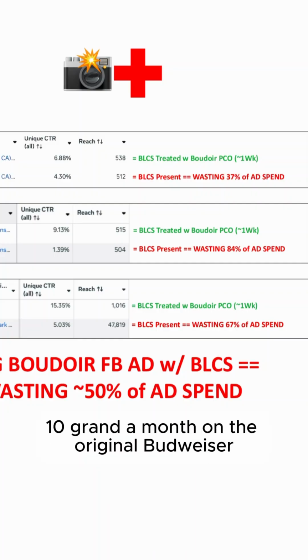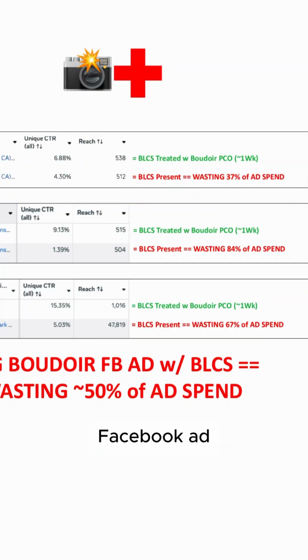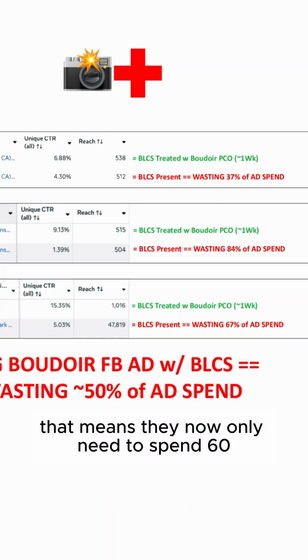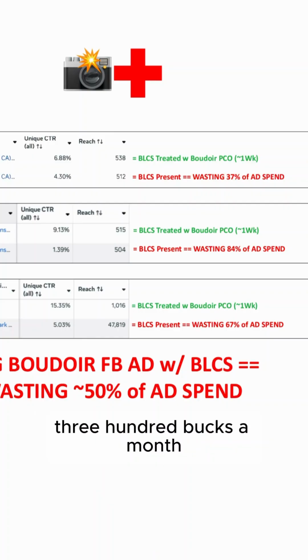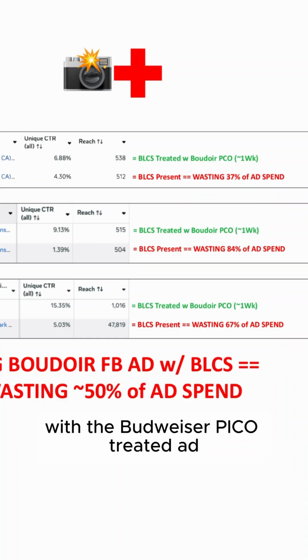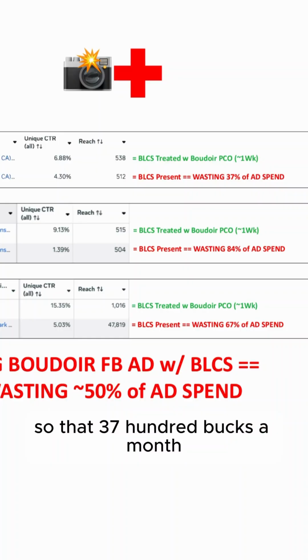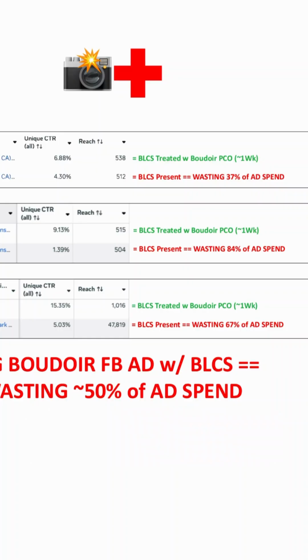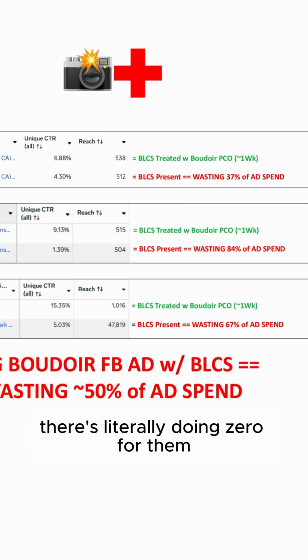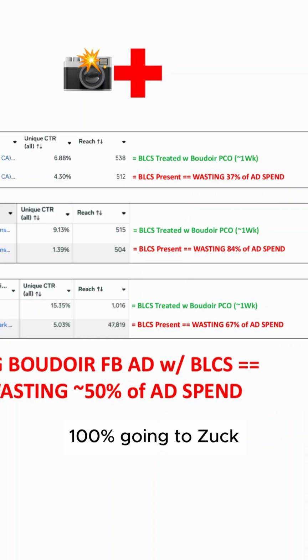That means if they're spending 10 grand a month on the original Boudoir Facebook ad, they now only need to spend $6,300 a month with the Boudoir Pico treated ad to get their ad into the same number of women's brains. So the other $3,700 a month is literally doing zero for them. 100% going to Zuck.